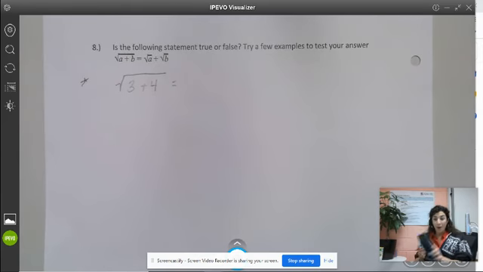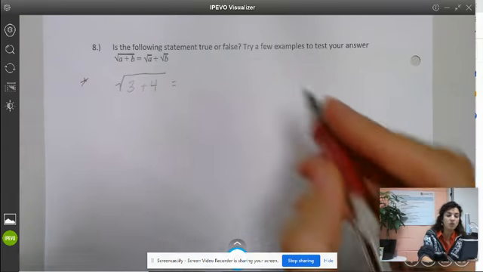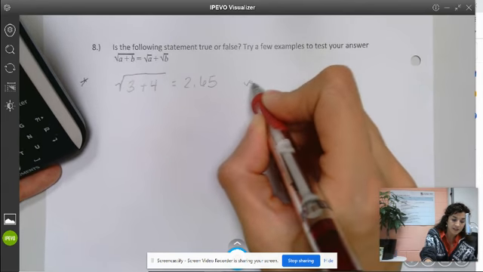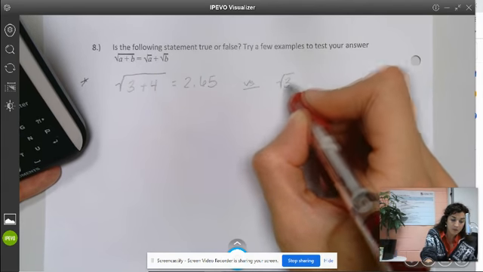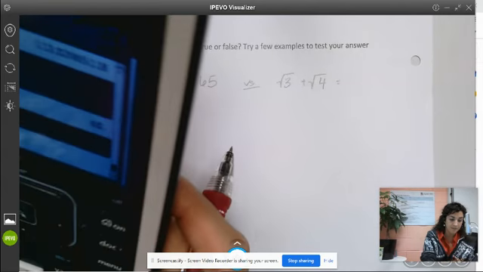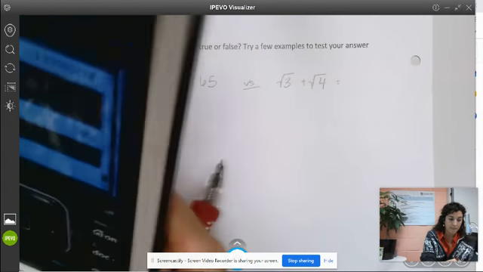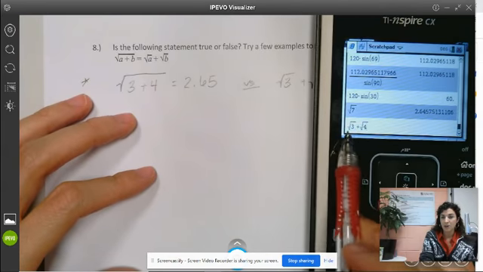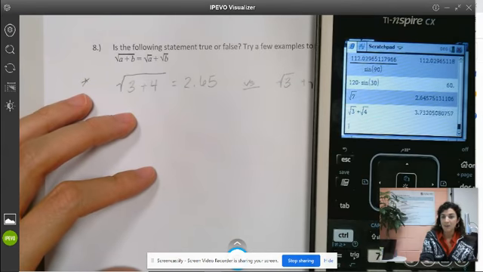Now the square root of 3 plus 4, I could just put into my calculator. It's the square root of 7, which is 2.65 about, versus the square root of 3 plus the square root of 4. You can see that I'm just typing it into my calculator there, square root of 7, square root of 3 plus the square root of 4.